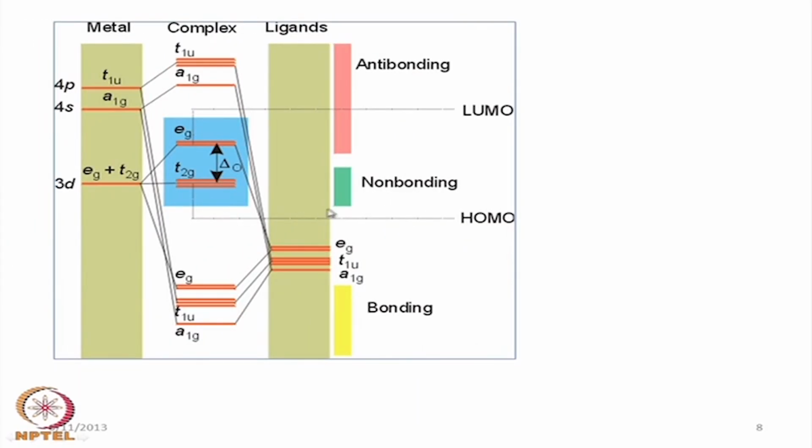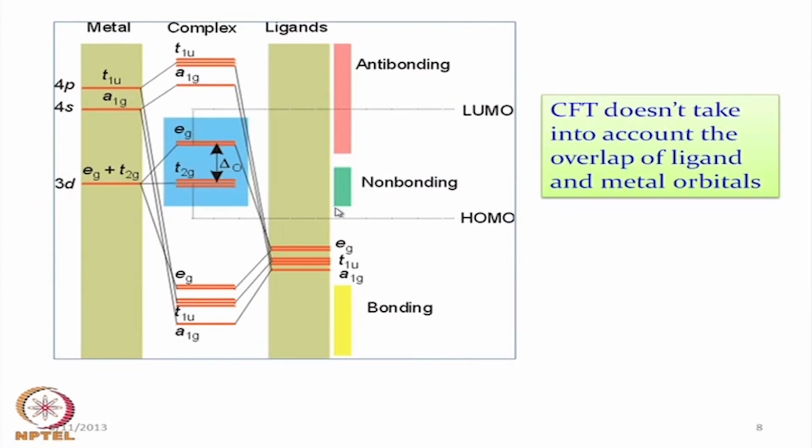So, when we have this bonding, antibonding and non-bonding level, we simply say that the interaction between the HOMO level and the LUMO level is what we have ignored in the case of the crystal field theory. Crystal field theory does not take into account the overlap of the ligand and the metal orbital.